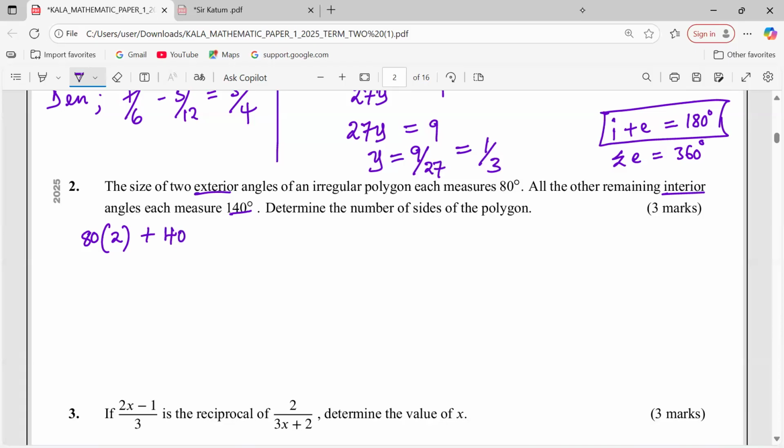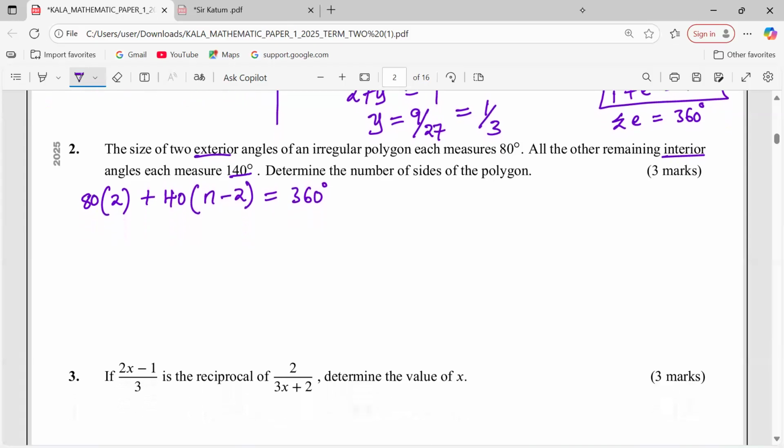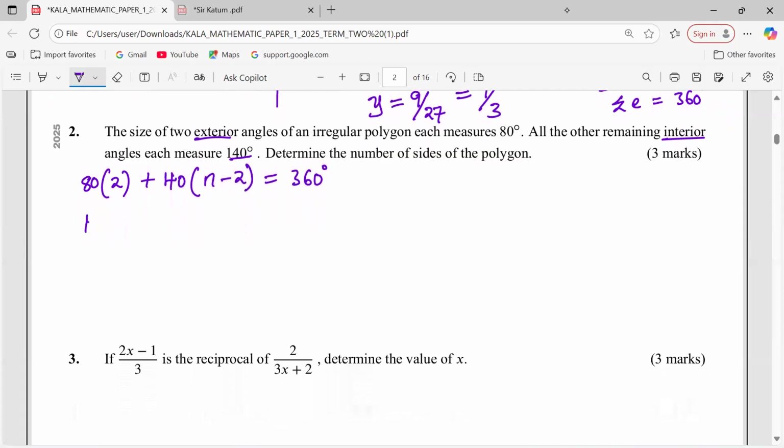So 40 into how many are they? n minus the first 2 that we've dealt with. We're supposed to get 360 because all exteriors for whatever polygon must give us 360.